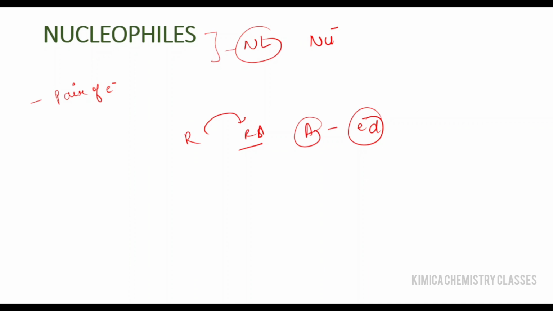So a reagent that brings an electron pair to the reactive site is called a nucleophile, or we call it nucleophilic, and a reagent that takes away an electron pair from the reactive site is called an electrophile, in easy words electron seeking, and the reaction is called electrophilic, right?